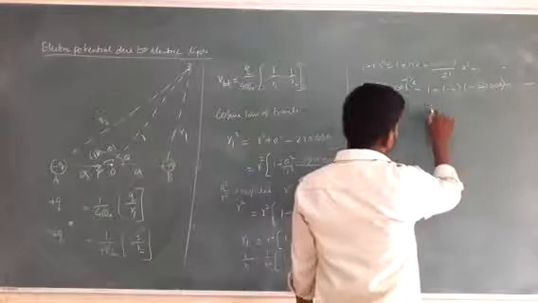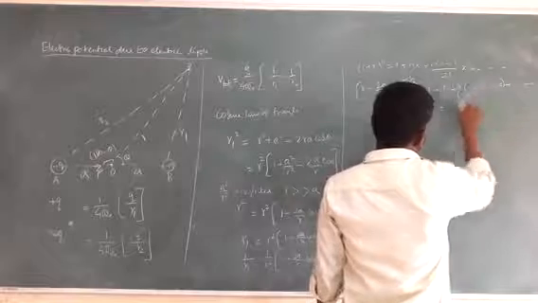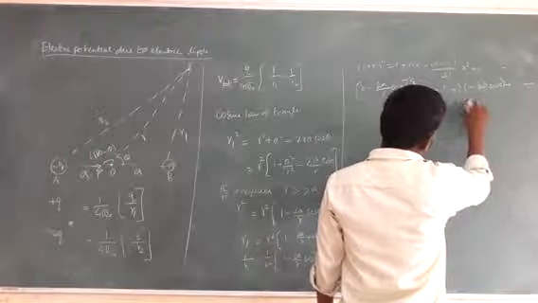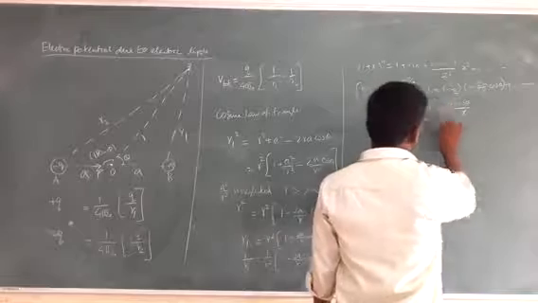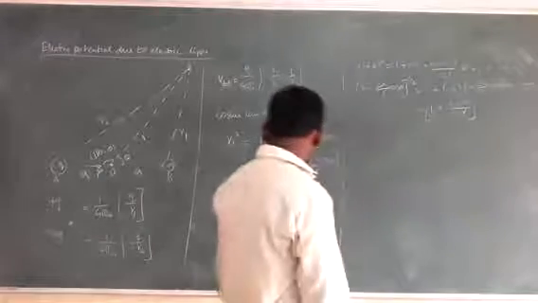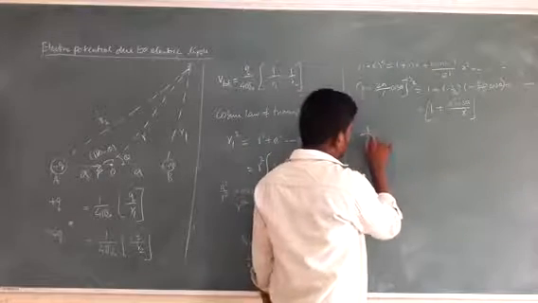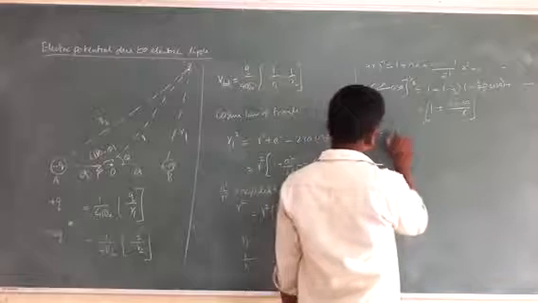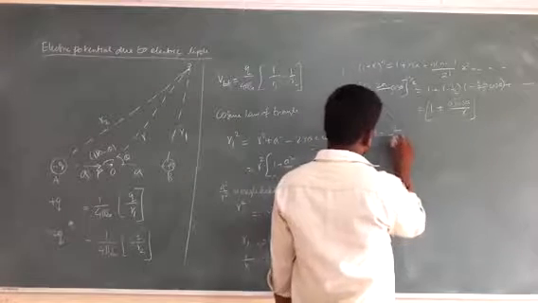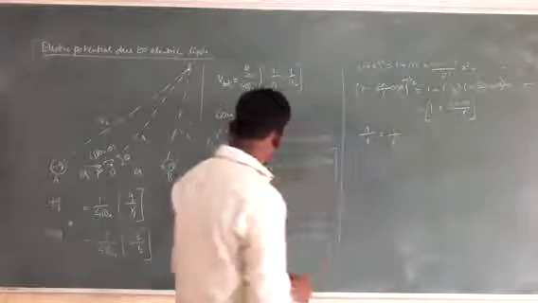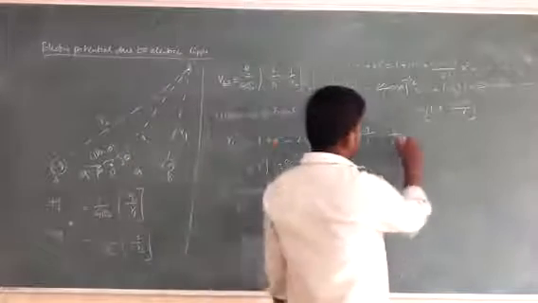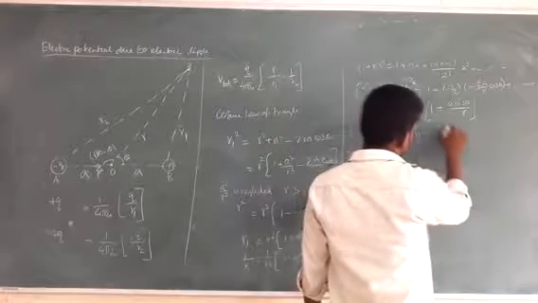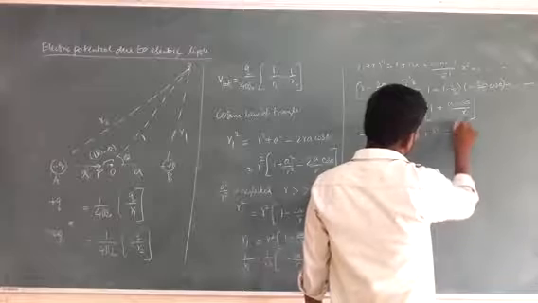You will get 1 plus, the 2 cancels, a cos theta by r. So that is the final answer, a cos theta by r. So substitute: 1 by r1 equals 1 by r times 1 plus a cos theta by r.